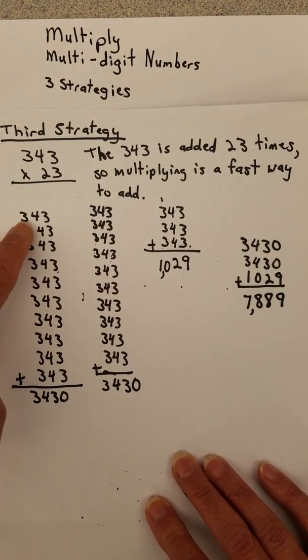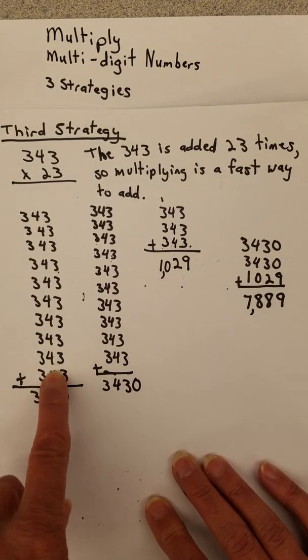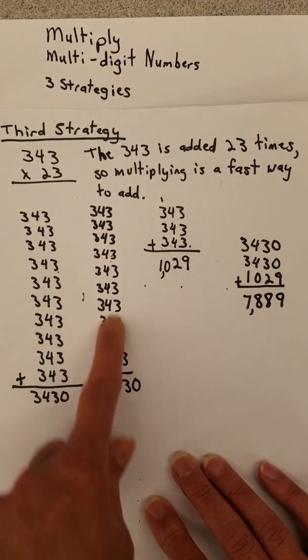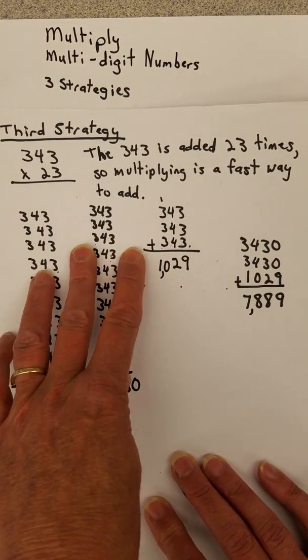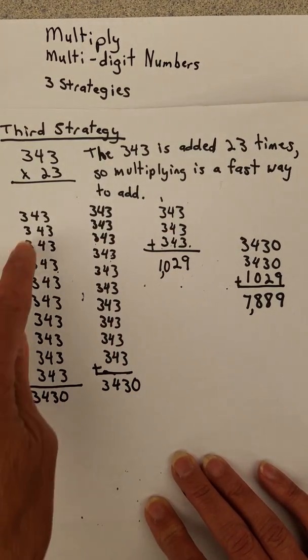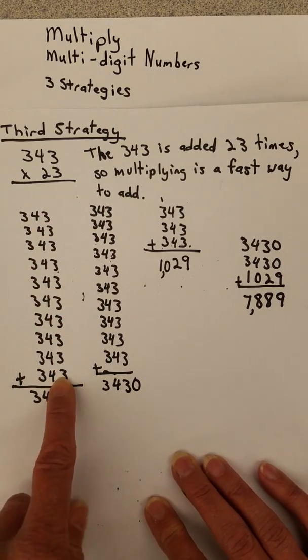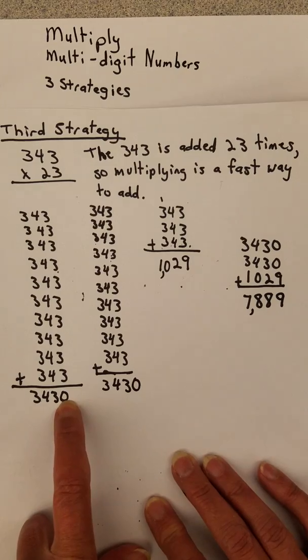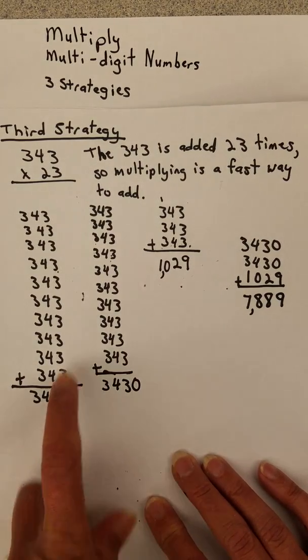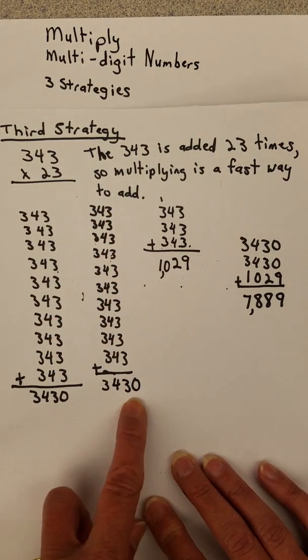So look at this example. If I have 10 and another 10 and another 3, I have 23 343s. And the fast way to add 10 of them is to put a 0 on the end. 343 and a 0 on the end would be 343 times 10. And then I've got another 10, 343.